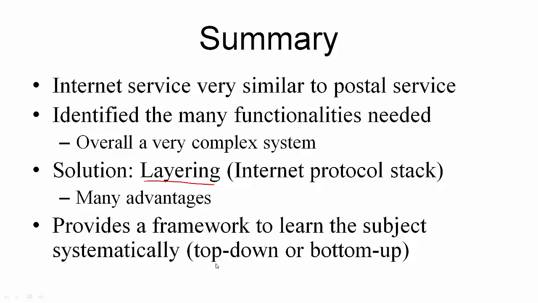You can either go top down, where you start with the application layer and go all the way down to the physical layer, or you can go bottom up, where you start with the physical layer and then go all the way to the application layer. I personally tend to go top down if I want to keep the material light, mainly for non-CS students, where the focus is more on the application layer. But for in-depth study, I prefer to go bottom up.